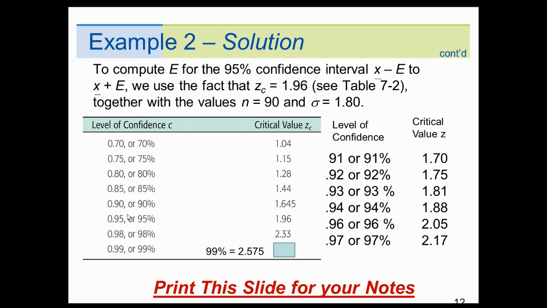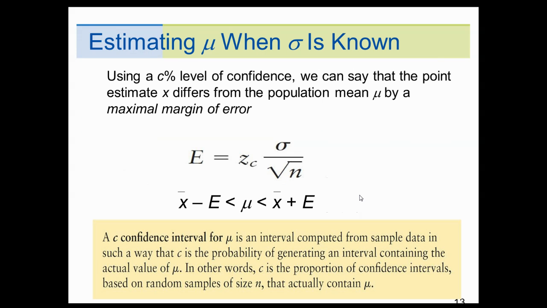This is super, super important. Please do yourself a favor, print this slide out because it has all the critical values. It has all these z-scores, and you're going to need these z-scores to compute the confidence interval. And later on, when it comes time to find the sample size, the formula calls for your critical value, your z-score. So please do yourself a favor, print this slide out.